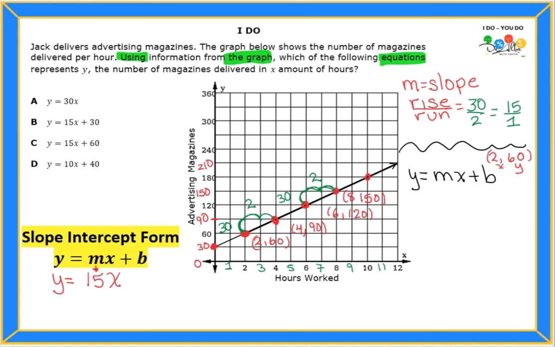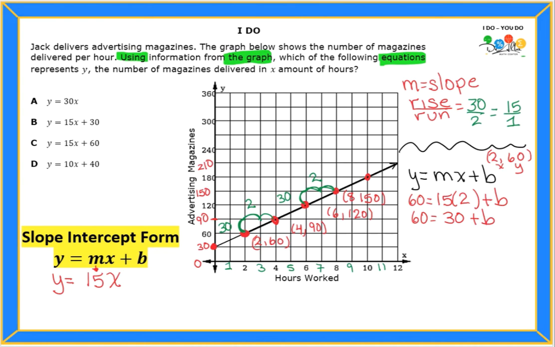So let's replace the values. Y is 60, m, we found it, and it was 15. X is 2 plus b. So I am going to perform the operation of 15 times 2. I get 30 plus b.